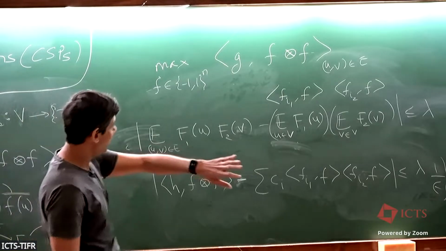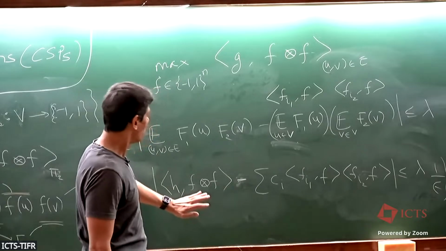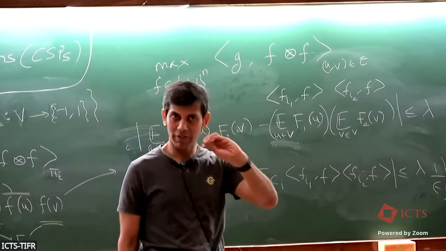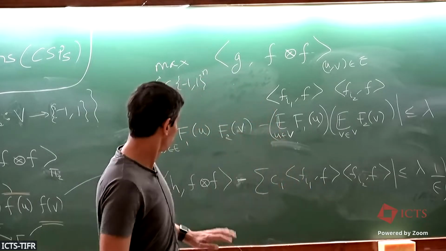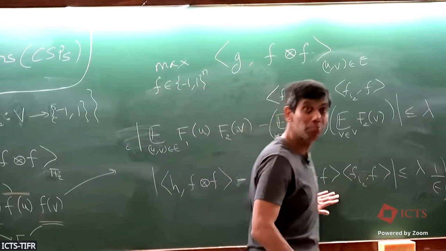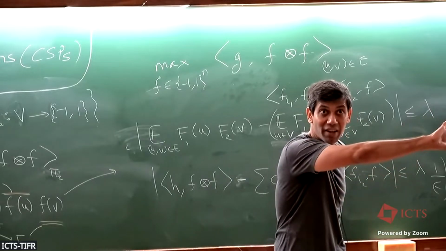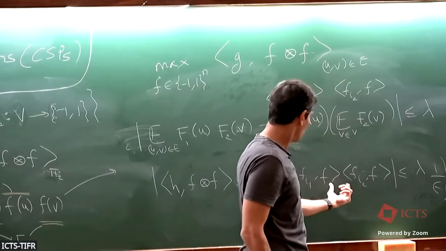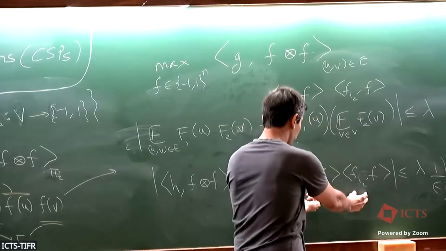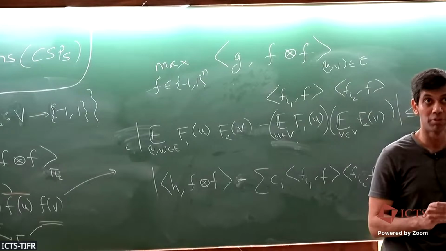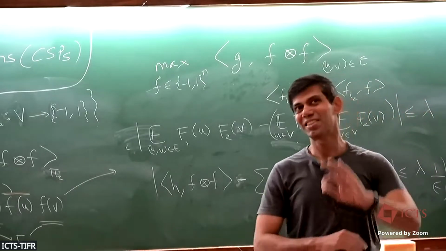Well, that's separate, but instead of G, we said find me something which is close to H. Now, H happens to be of this form. That came from regularity. So the search is still over this same kind of F tensor F. It's just that the form of H has asymmetric terms. That's just for algorithmic reasons.